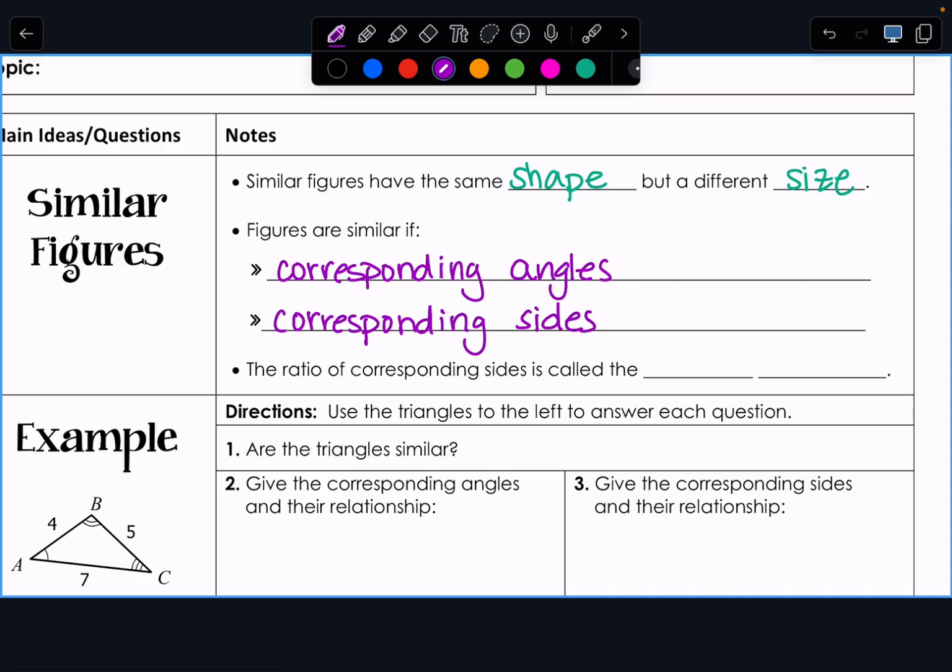Okay, so our corresponding angles are still going to be congruent. Okay, that means they are the same. But our corresponding sides are going to be proportional. What does the word proportional make you think of?